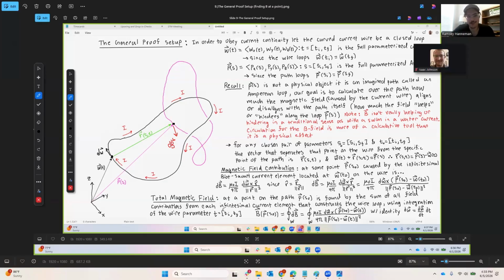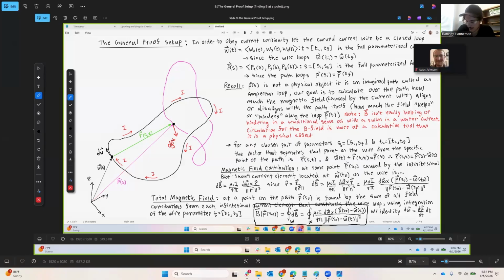It's a lot of work for just one point of the infinitely many we need to calculate circulation. Seems impossible. So we integrate. And this is how you find the magnetic field at a single point P of S caused by the entire wire.